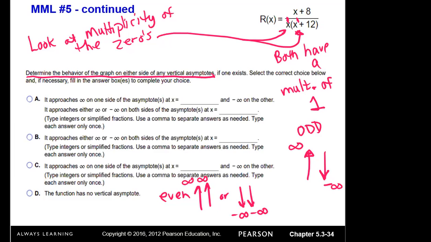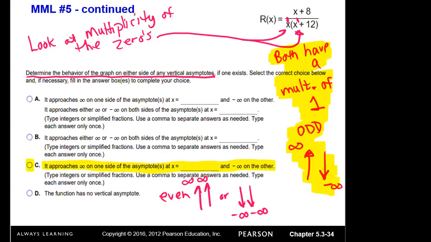All right. We are this one. Both have a multiplicity of 1. They are odd. So it approaches infinity on one side of the asymptote and negative infinity on the other. It's going to be C. It approaches infinity on one side at x is equal to and negative infinity on the other.